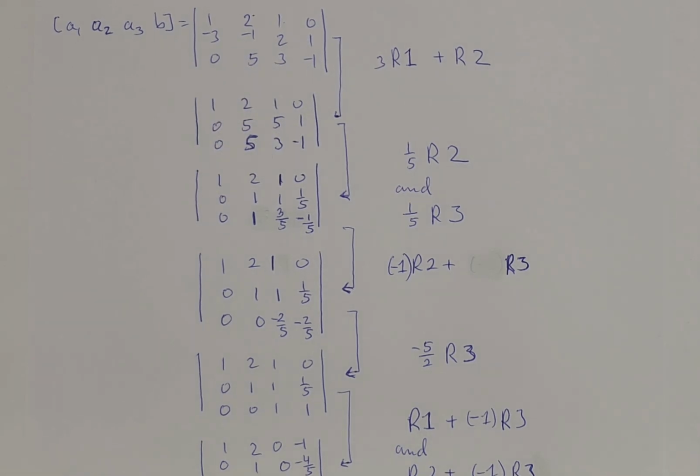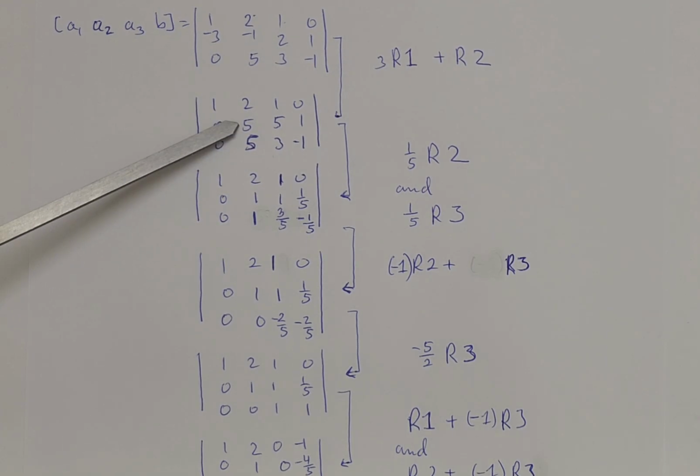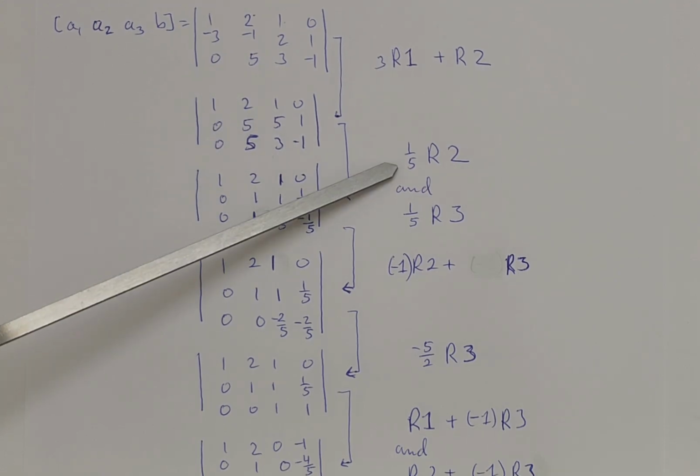Okay? Next, if you look at this, we can make this become a 1 and also this become a 1. So change this 5 and this other 5 to a 1. To make it a 1, we need to do the reciprocal of 5, which is 1/5.